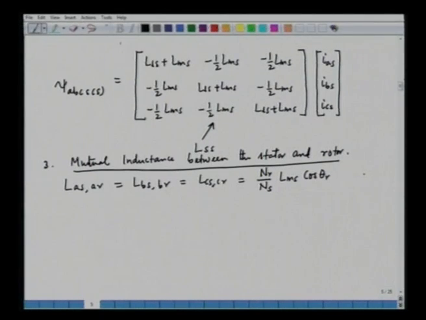In a similar way we can calculate LASBR, which will be the same as LBSCR, LCSAR, and that will be equal to NR by NS into LMS cos of theta r plus 2 pi by 3.